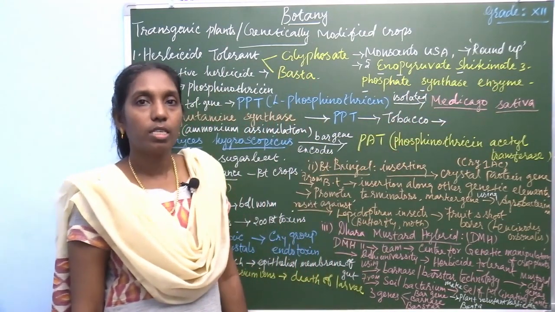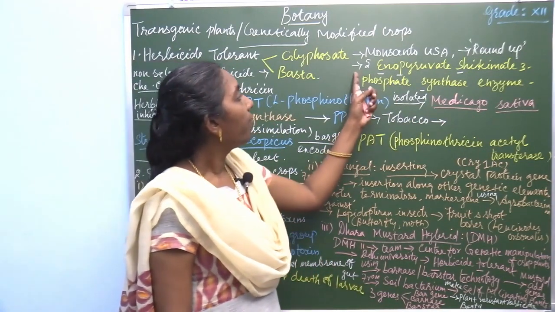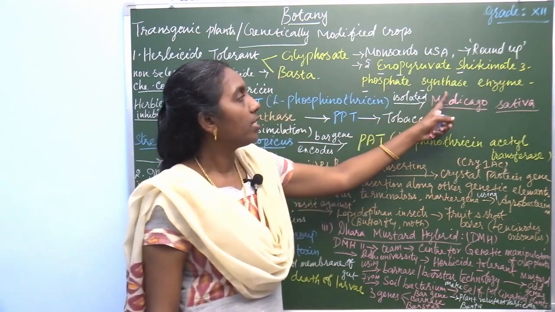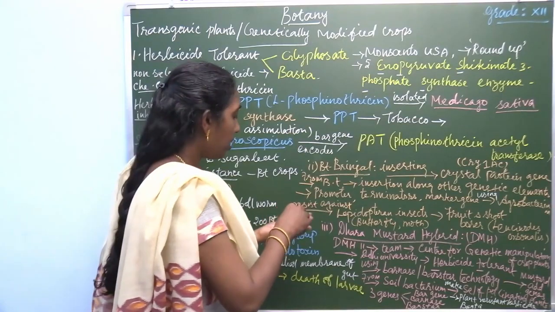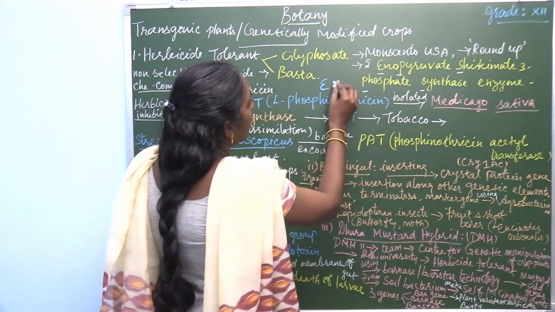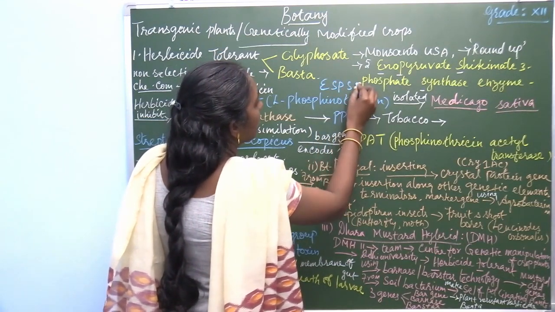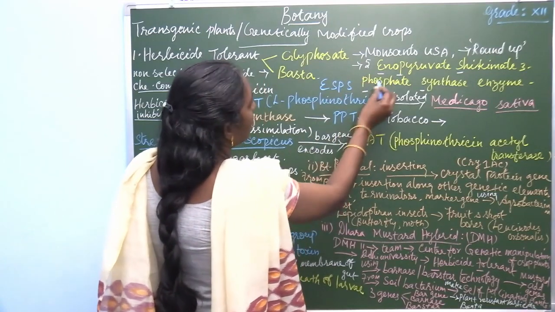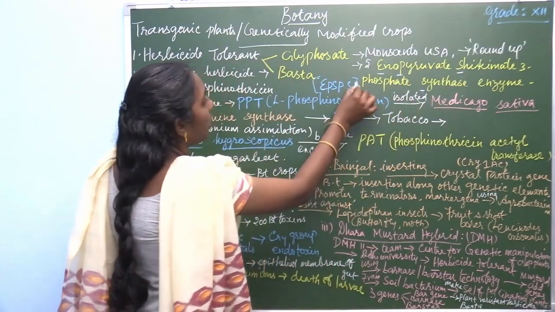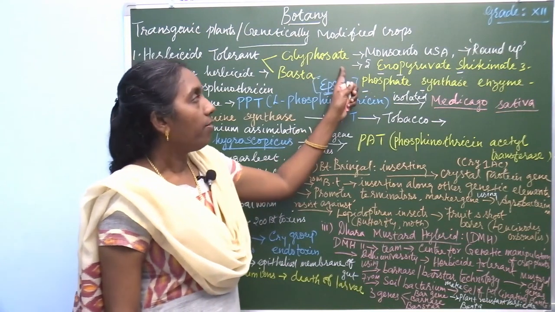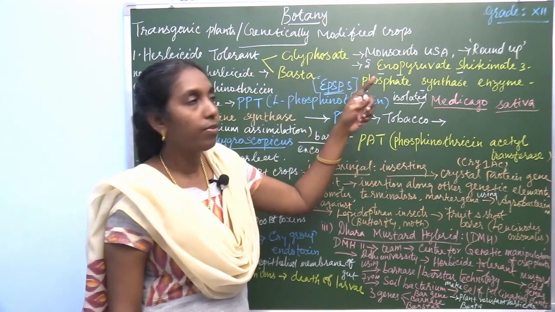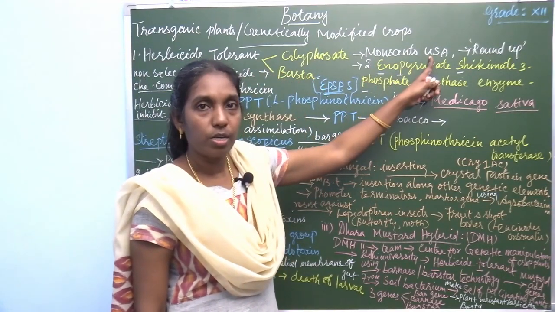The enzyme targeted by this herbicide is commonly called EPSPS, from the first letters of its name. So glyphosate is the herbicide made by the company Monsanto from USA.